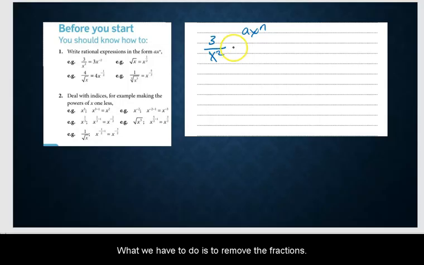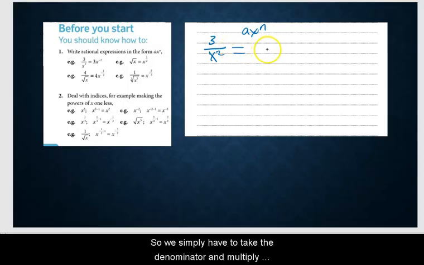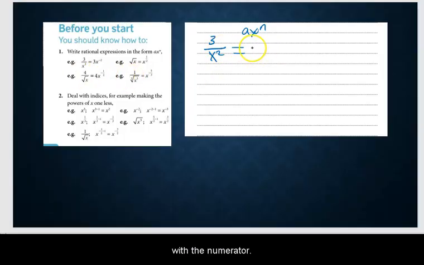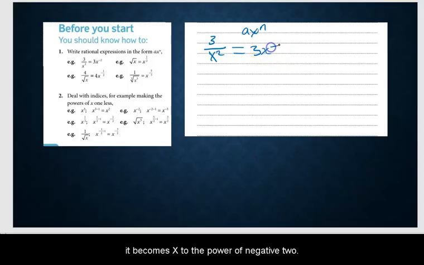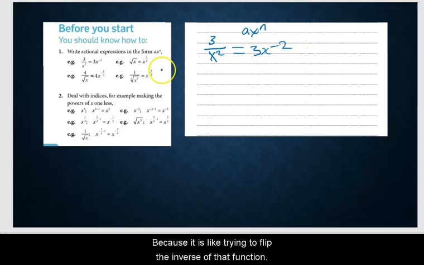What we have to do is to remove the fractions. So we simply have to take the denominator and multiply with the numerator. So we are going to have x, and when we remove this and bring it upward, it becomes x to the power of -2, because it is like trying to flip the inverse of that function.